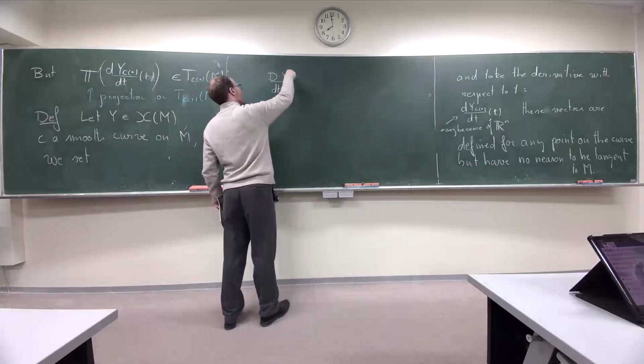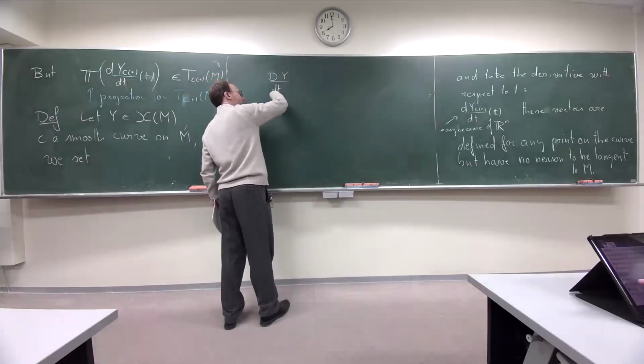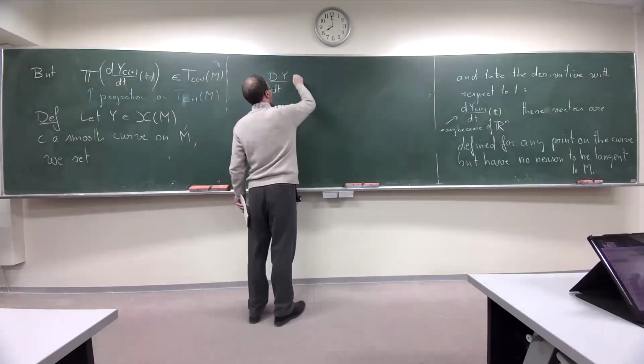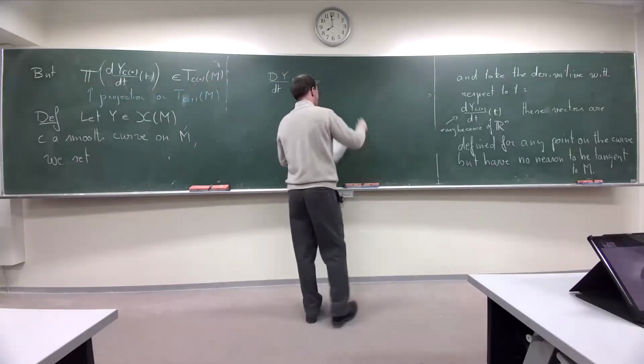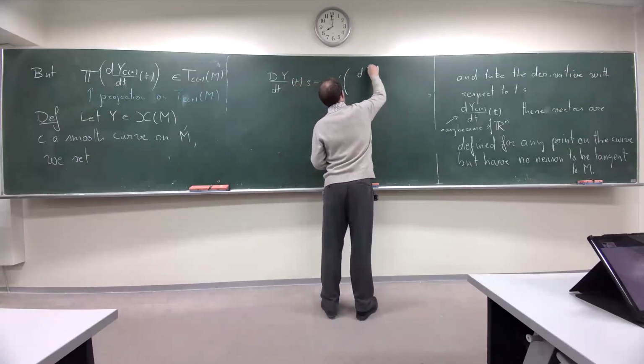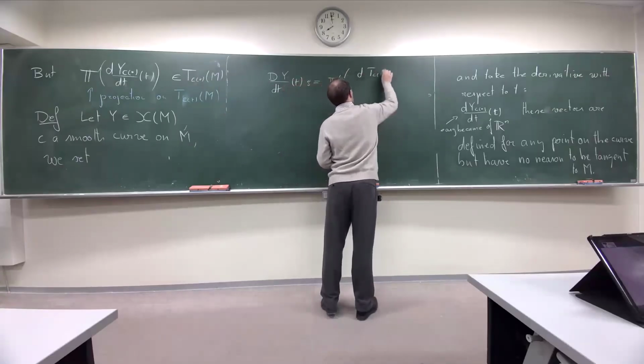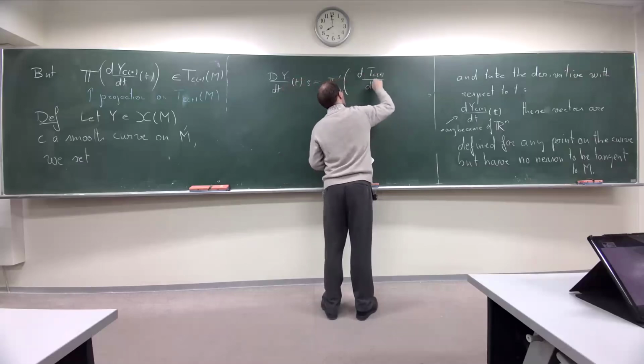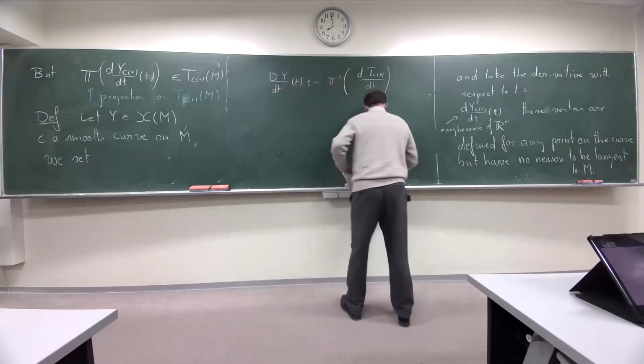It's a capital D Y with a small d t, and the definition is precisely this: pi prime of dY at c dot, evaluated at t.